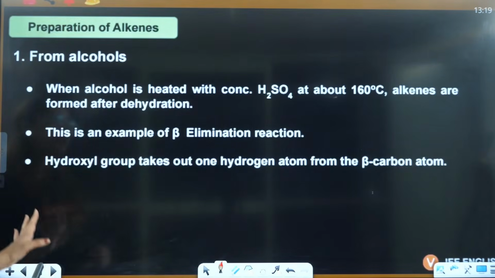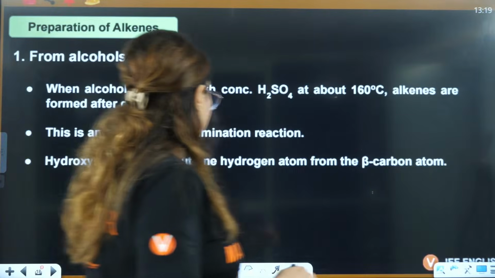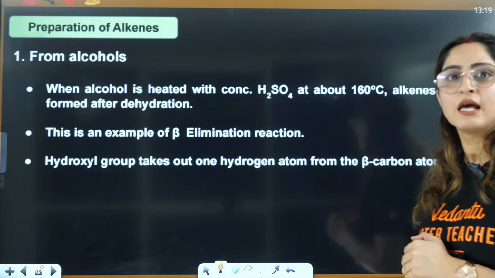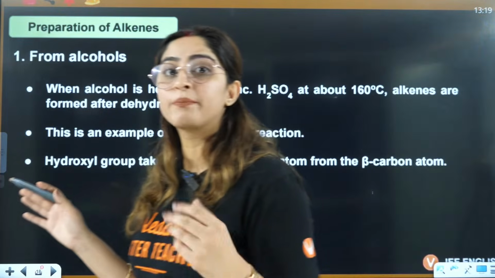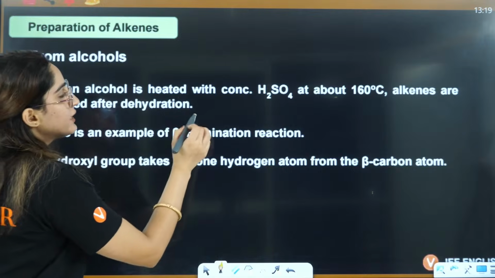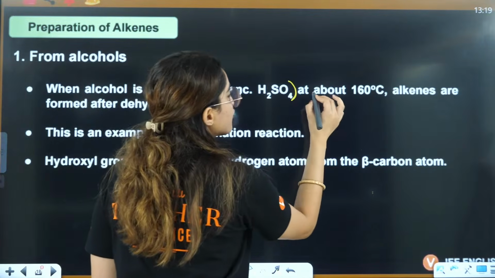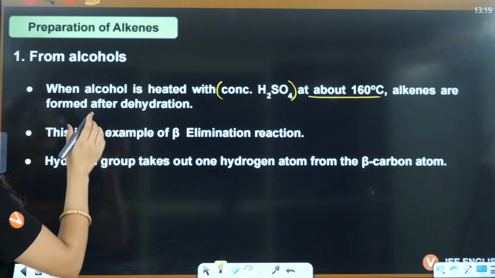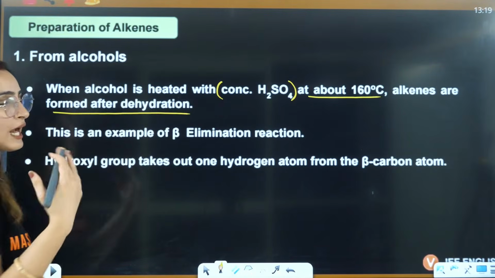Now let's talk about the preparation of alkenes. And you will see most of the reactions are beta elimination reactions. When alcohol is heated with concentrated H2SO4 at about 160 degrees Celsius, alkenes are formed after dehydration.